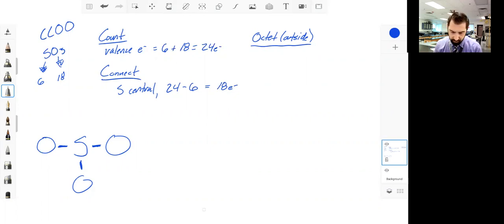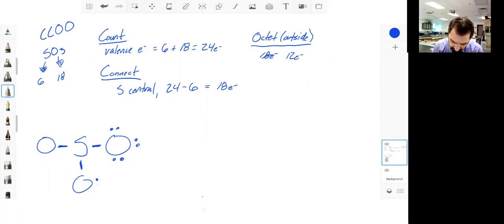They need 6 more, so I'm going to put 6 more around this one. Now that has octet. It's got 6 that it's not sharing, and the 1 that it is sharing, for a total of the octet. We had 18 electrons, and by using 6 there, I'm down to 12 electrons to go.